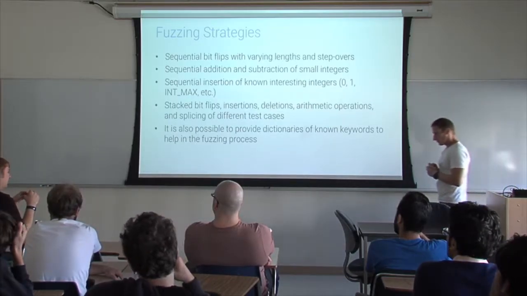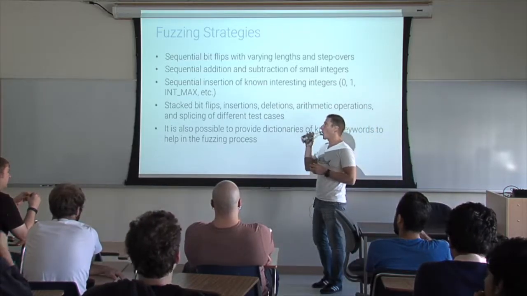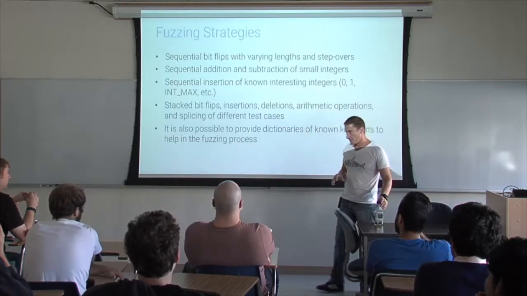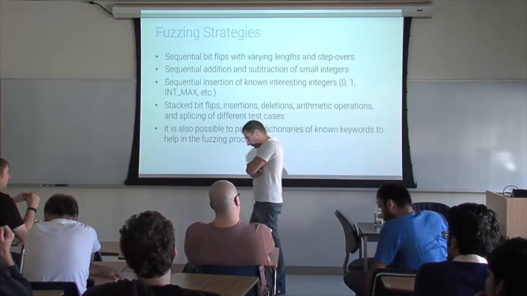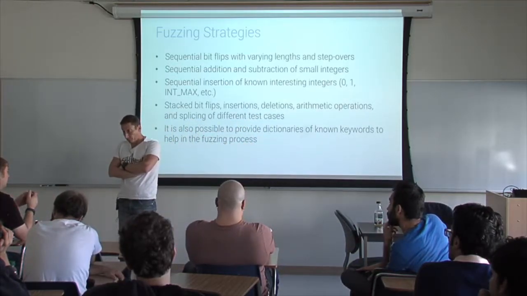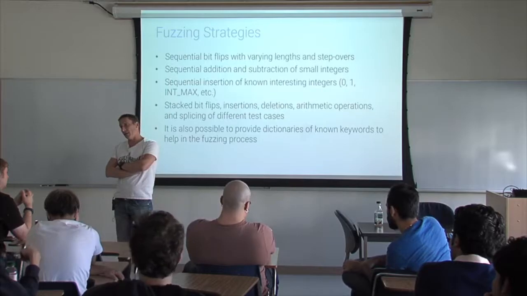Yes? With the tuples, how do you avoid an exponential growth in the number of tuples? In what sense? If you had 20 different things, wouldn't you have 20 squared tuples or something? Well, not everything can go to everything, right?